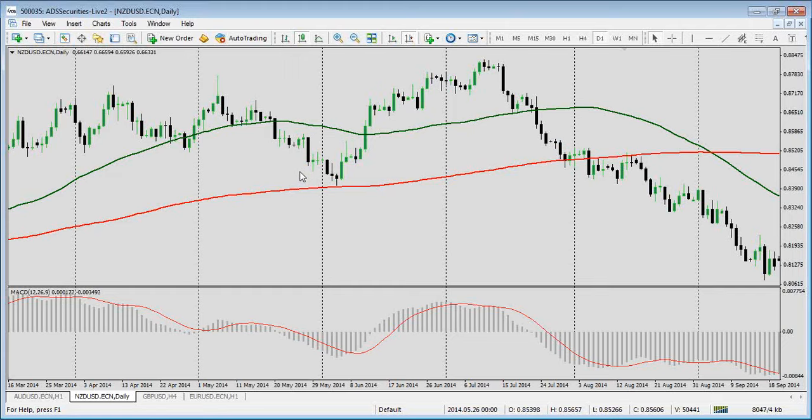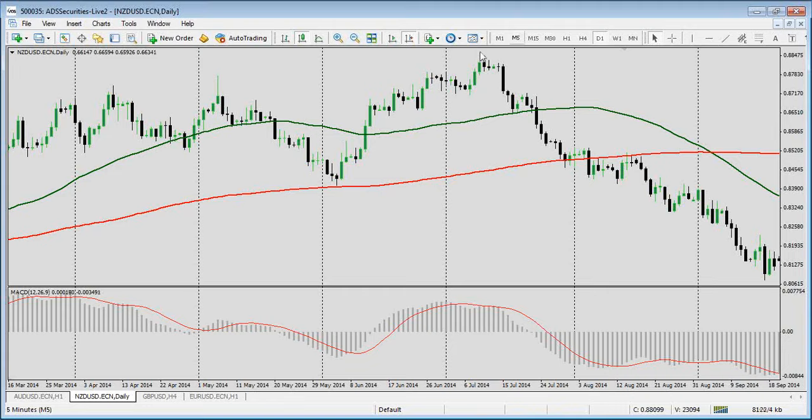Therefore, this is what I'm going to be proposing for you, because I know we have covered something new. As a part of the strategy, I want you to take 10 days of practice on a demo account, practicing once a day. Don't look for a bunch of entries.